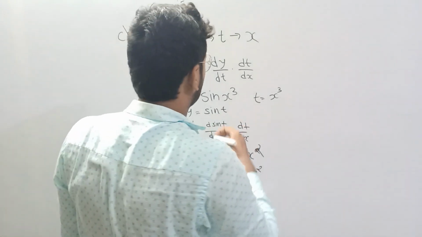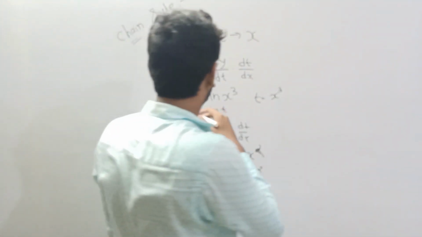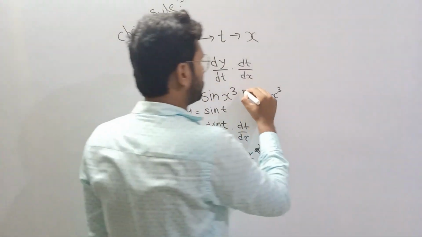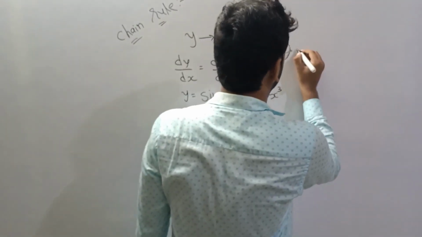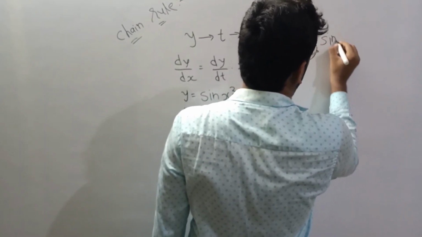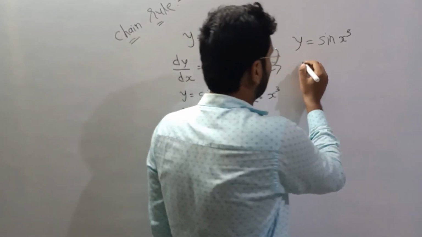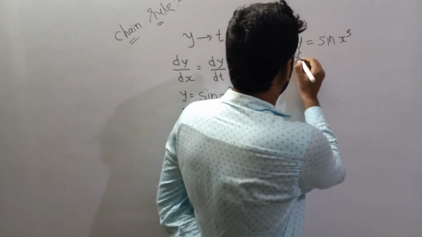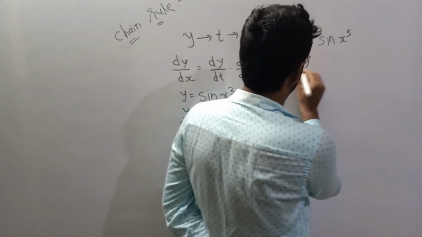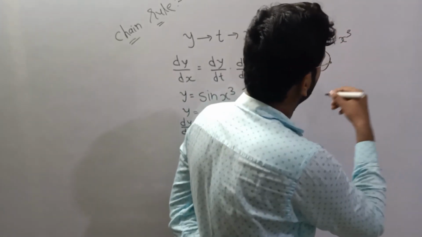Now let me teach you the easy way of solving the problems of chain rule. Here we have y is equal to sine x cube. So what will be the derivative of sine x cube with respect to x? Suppose this as sine of a function of x.